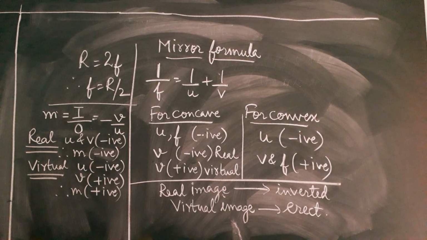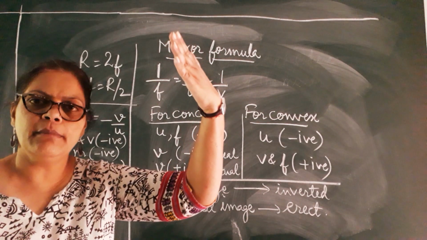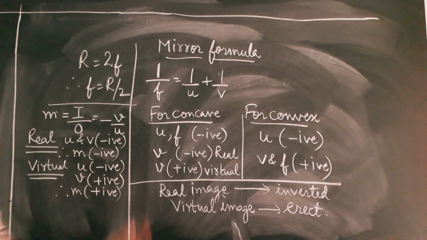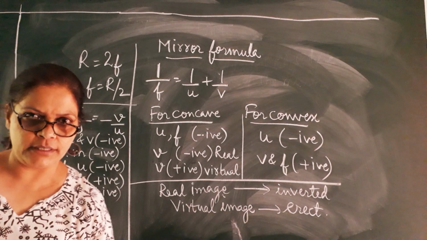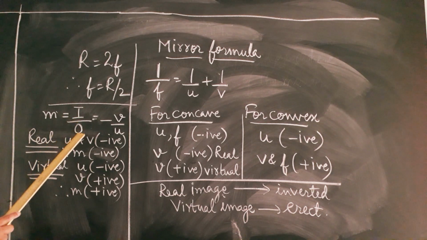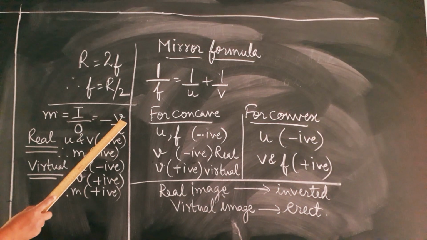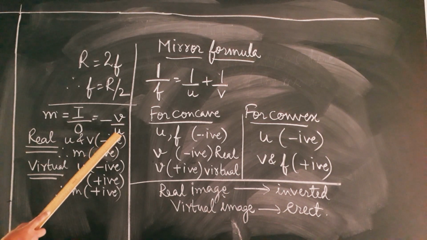What does I stand for? I stands for the height or length of the image, and O stands for the length or height of the object. So the formula for magnification is I over O, which is equal to minus V over U. You already know what V is. It is the distance of the image from the mirror. U is the distance of the object from the mirror.